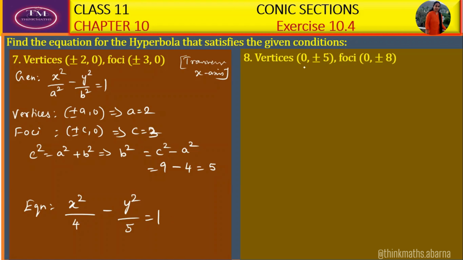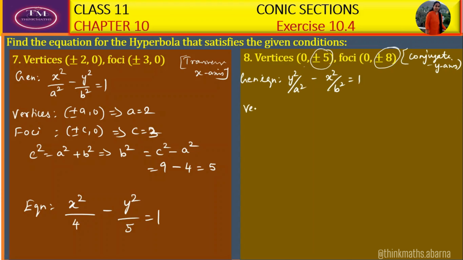Next, the eighth one. If you compare the vertices and foci, they are in y coordinate, so the transverse axis is the y-axis. So the general equation will be y square by a square minus x square by b square equal to 1.